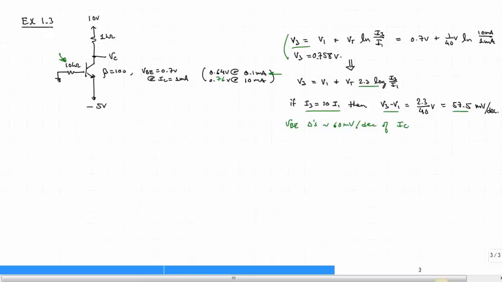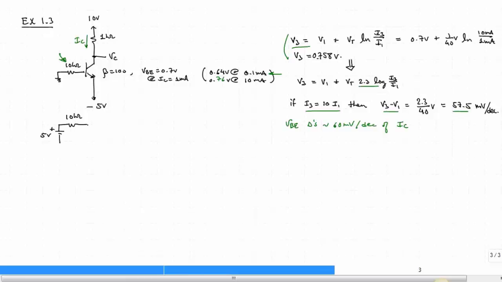Okay, so now let's look at this particular problem. We need to find VC again, so what we really need is IC. So we need this current here, and if we're going to solve this properly, I'm going to redraw this base circuit. I'm going to put the 5 volts over here.